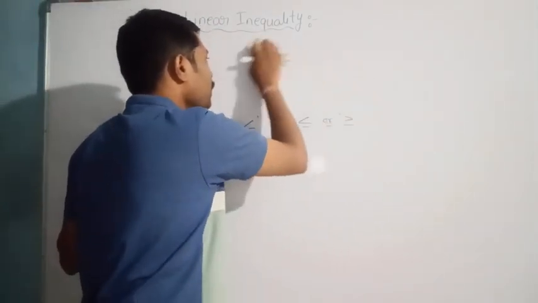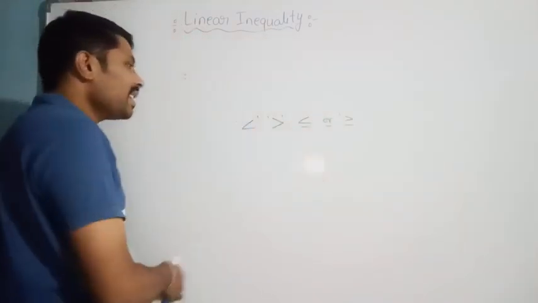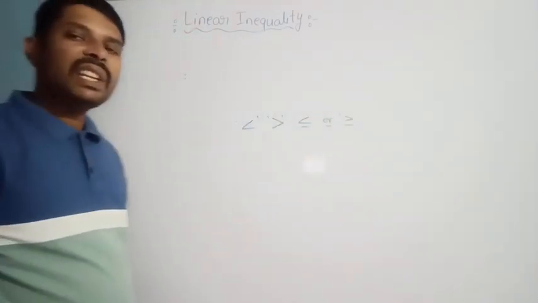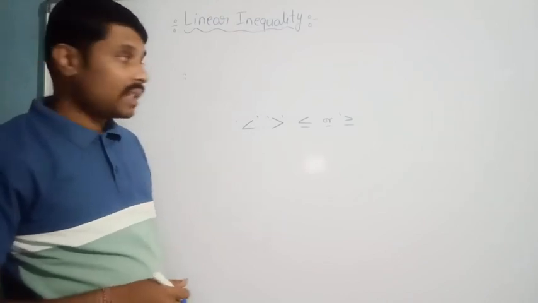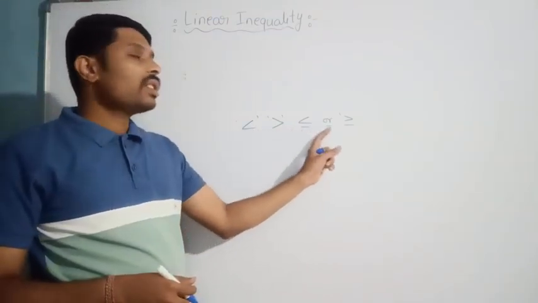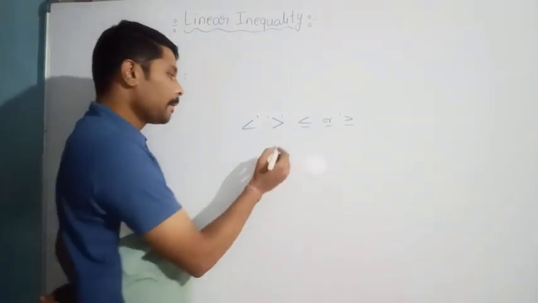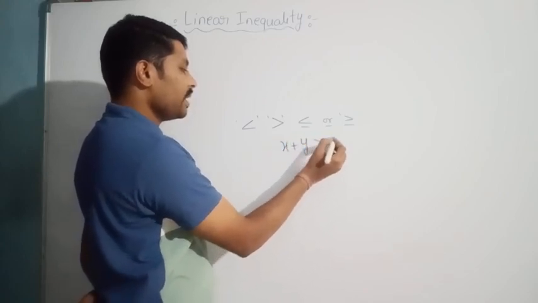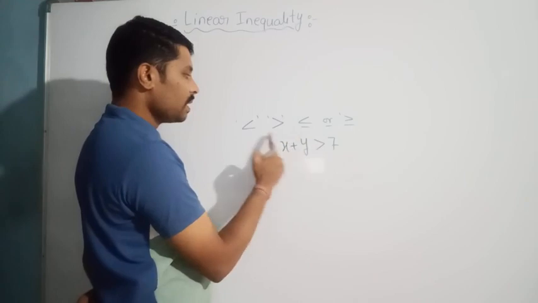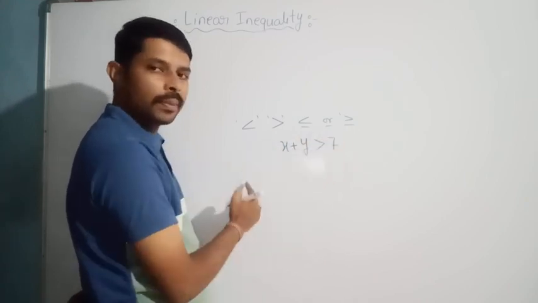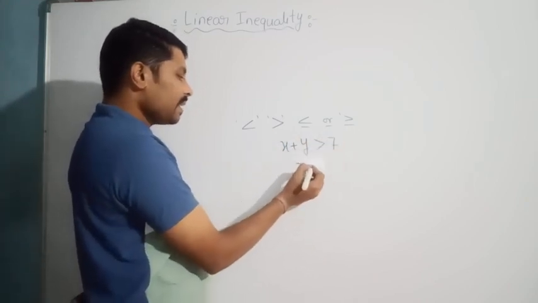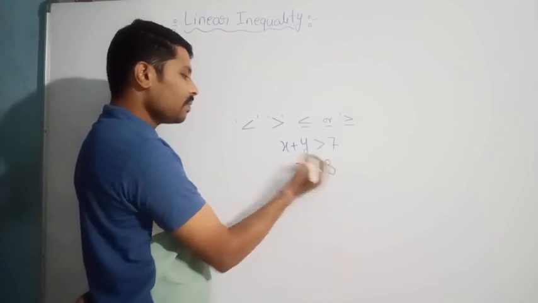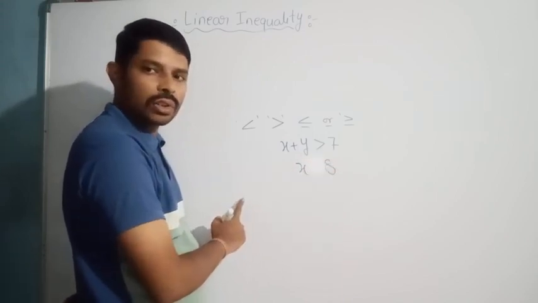See here, any two real numbers or any two algebraic expressions related with this symbol. For example, x plus y is greater than 7. Is it an inequality or not? Yes, because this kind of symbol is available. X is greater than 8, this is also an inequality.